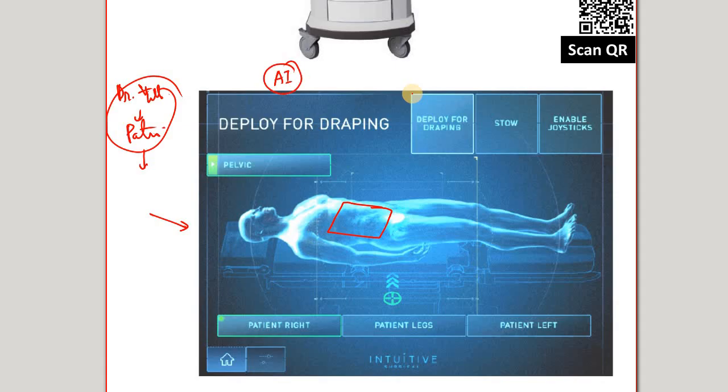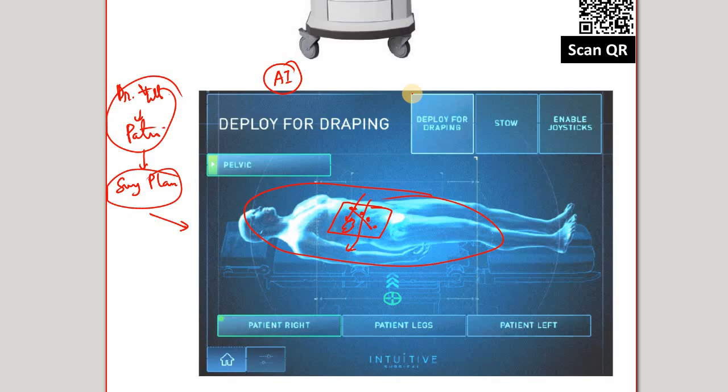The machine, the robotic system, will scan the entire patient, and then it will make a plan, a surgical plan. It will tell you, we will start with the incision from here, first, second, third, fourth. 4 incision points will be there. The first arm will enter from here. This will remove some skin, some muscles. The second arm will enter after that.